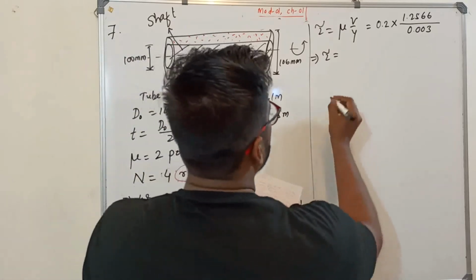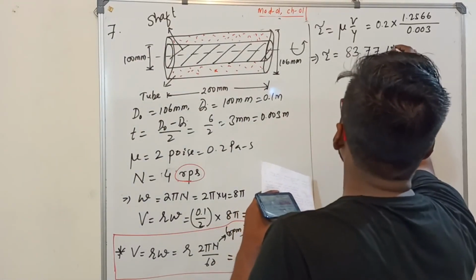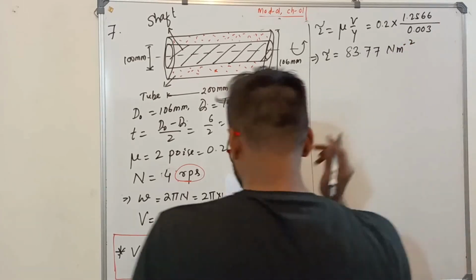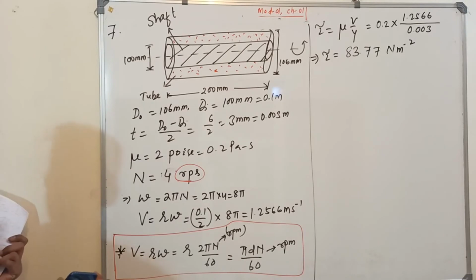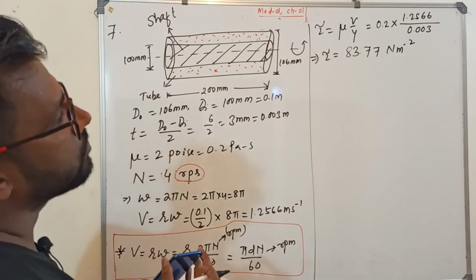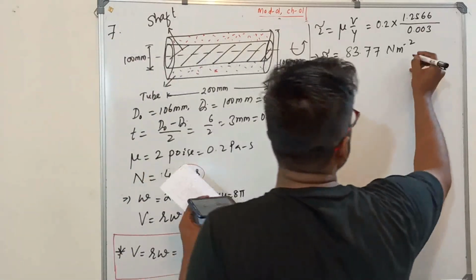The answer I am getting, shear stress is 83.77 Newton per meter square. Did everyone get the same answer? Yes, 83.77 Newton per meter square is my first answer. I got the answer to part one.